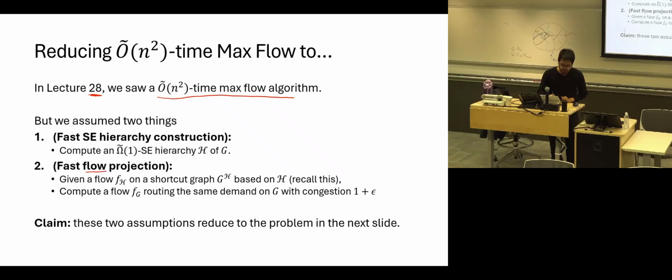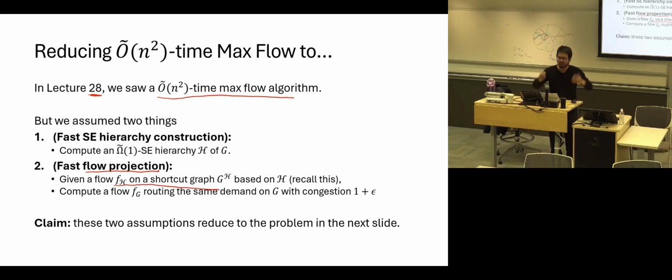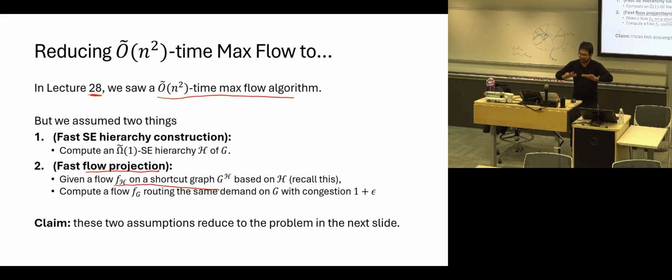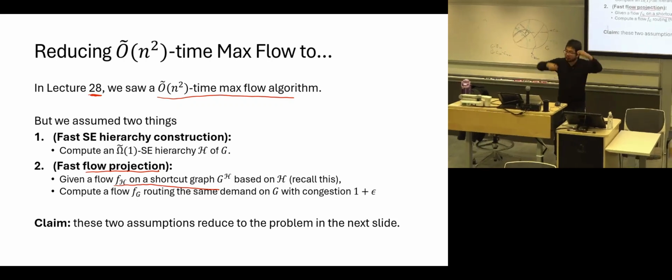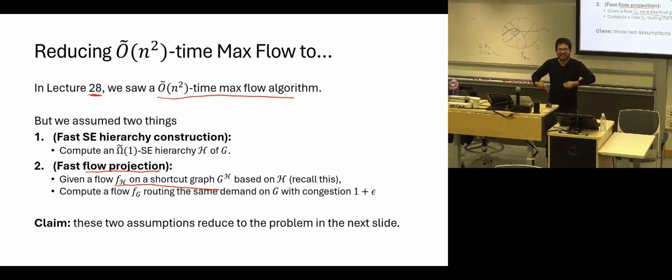And we assumed that we can project flow fast. That is, given some flow from some shortcut graph that we defined on that day, you can project it down to a flow in the original graph, removing the stars from the flow, and get a flow in the original graph without much more congestion.